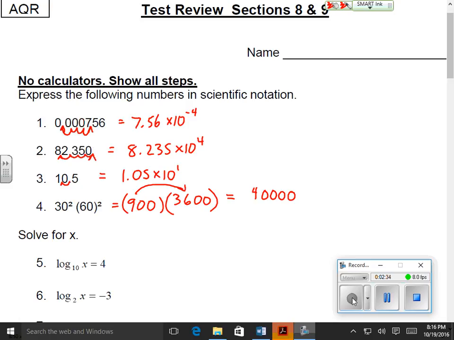Carry the 5. 3 times 9 is 27 plus 5 would be 32. So written in scientific notation, we would need to move the decimal from here to here, which would be 6 places. 3.24 times 10 to the 6th.